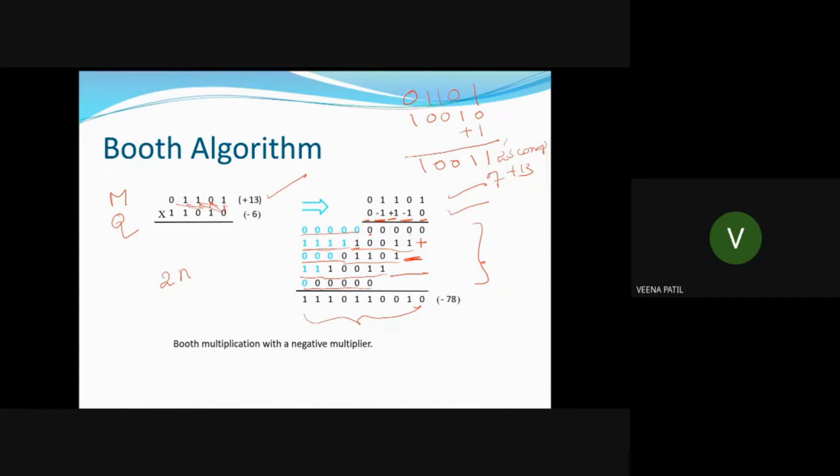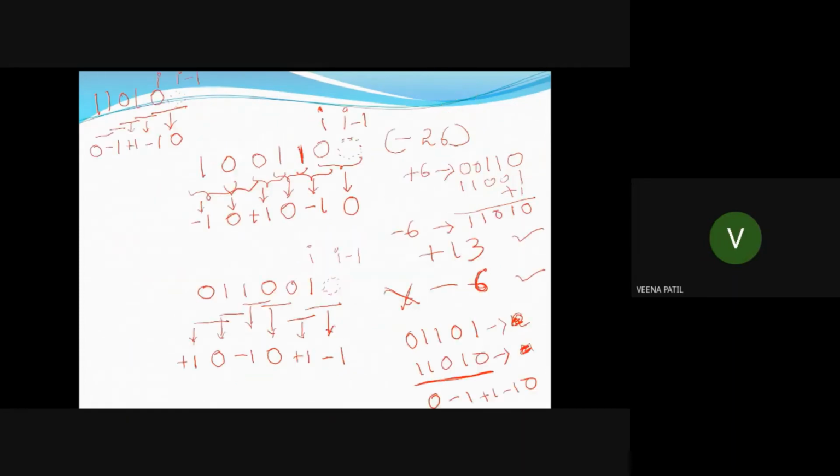Now take the multiplicand as plus 10. You are going to multiply it with plus 14. Please try this and tell me how to do it. Till then, I will clear this slide.